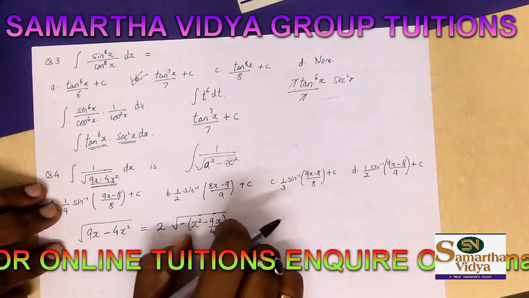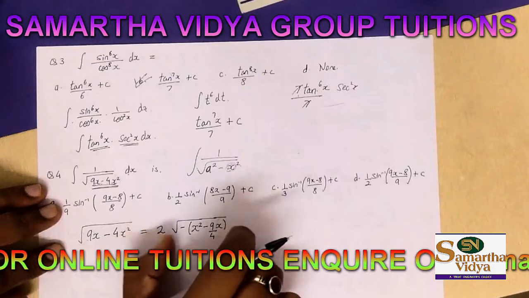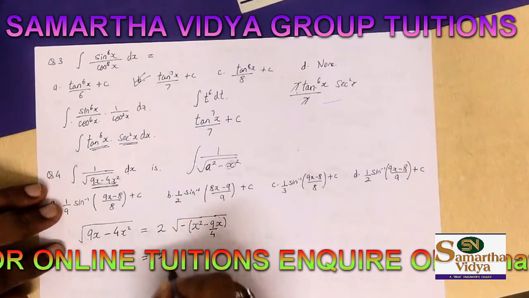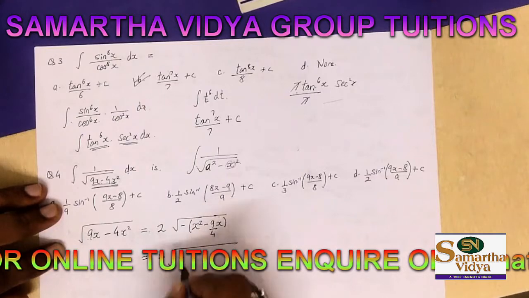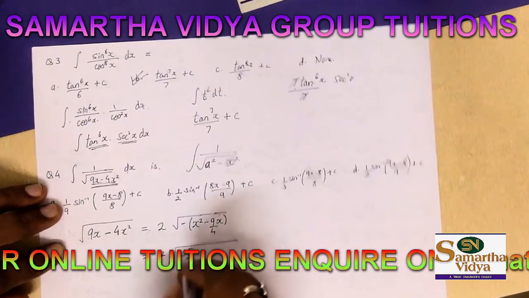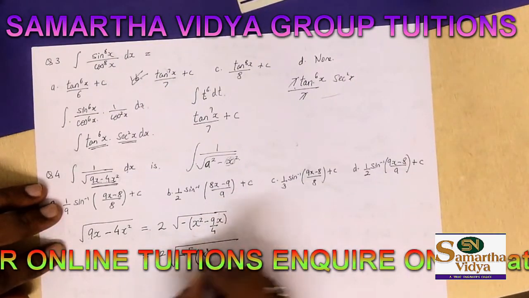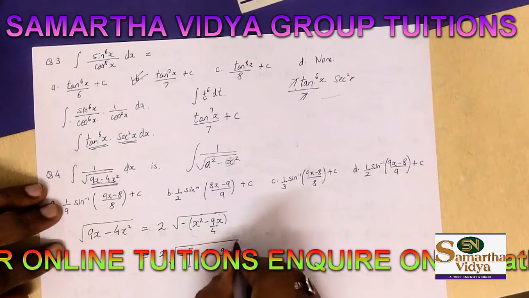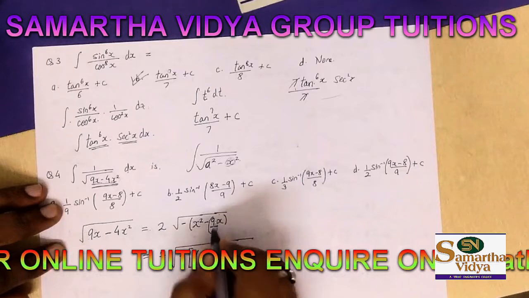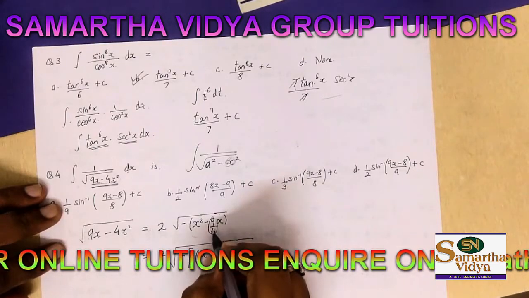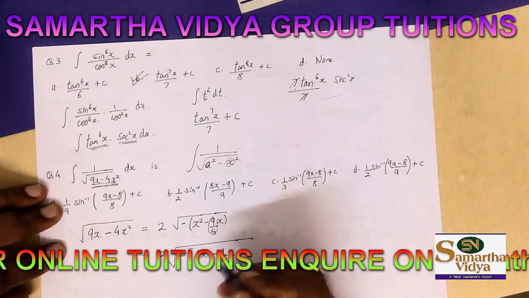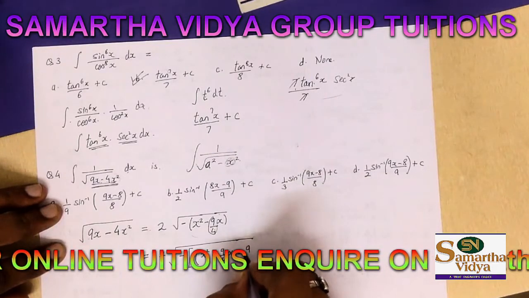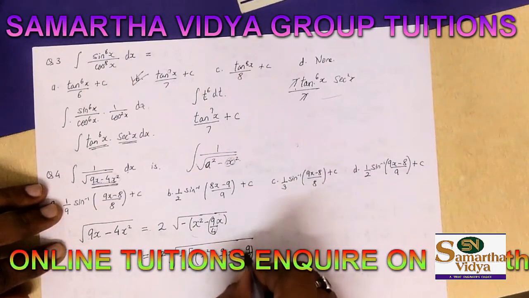Now I need to have a perfect square over here, so I'm converting to a perfect square. So this becomes minus, the first bracket will be x square minus 9 by 4x, and this is the middle term. The middle term divided by 2 will give you 9 by 8, and I need to find the square of it. So it's going to be plus 9 by 8 square.